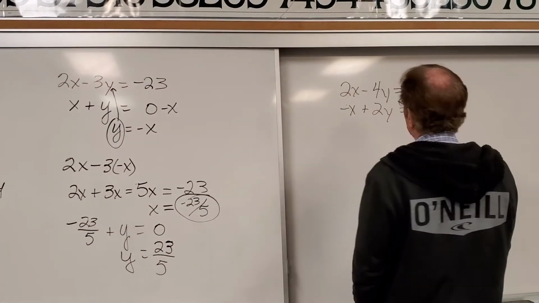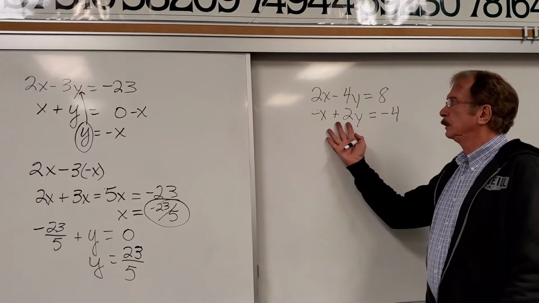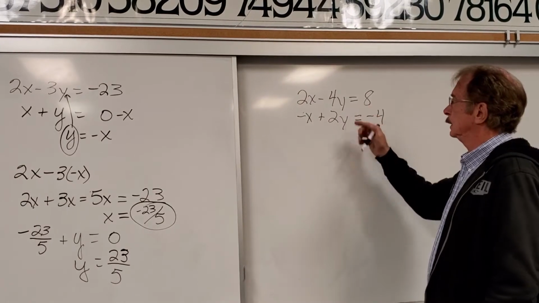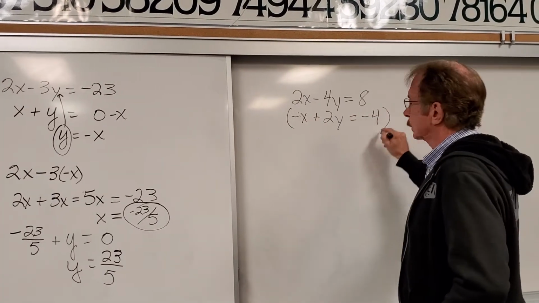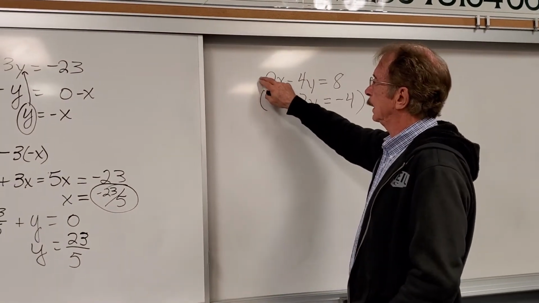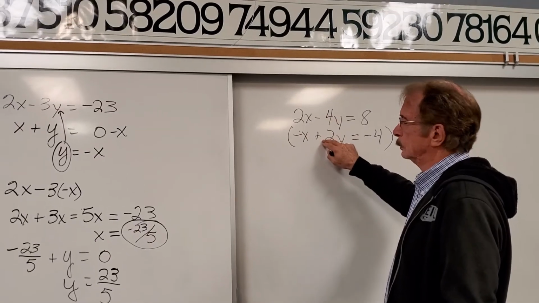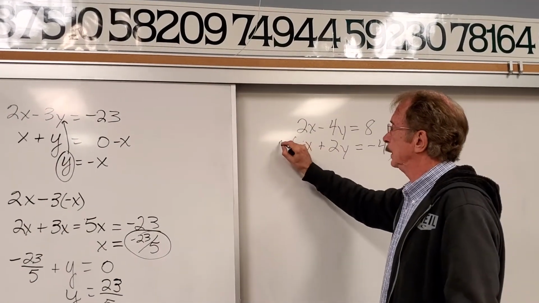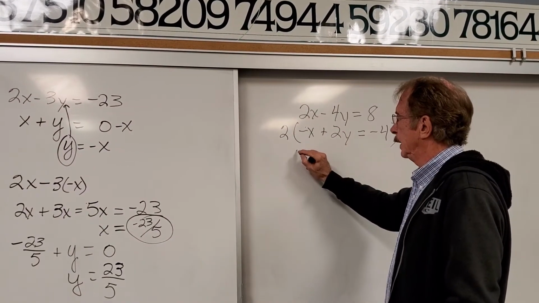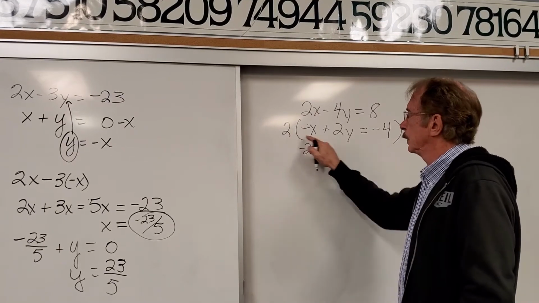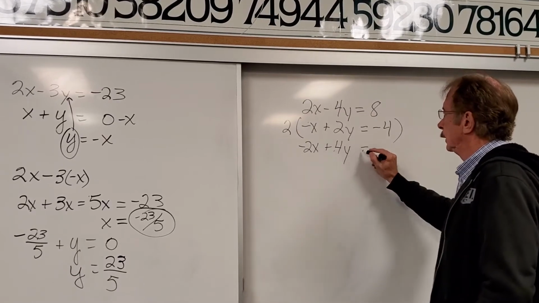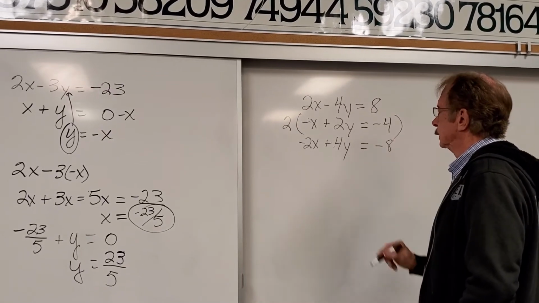That suspicion would be that if I double this, I'm going to have this, and that's going to create this. So let's try that. Now, you recall in elimination, what I'm trying to do is get these signs to be opposite, which you already see. So if I multiply this by 2 to get a minus 2x here, that will happen. And then over here, I'm going to have plus 4y's. And over here gives you a minus 8.